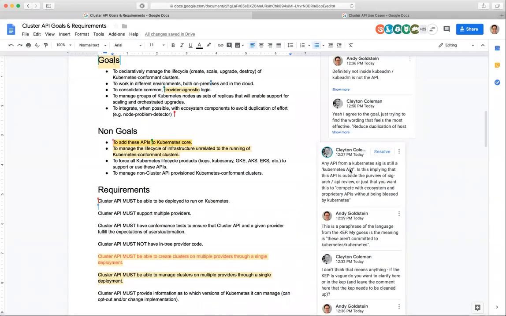Clayton makes an excellent point in that we have a bunch of CRDs that live outside of Kubernetes proper, but they use the k8s.io name. We should probably have a distinction for things that live in the sphere outside the core, but we actually haven't given taxonomy to that.